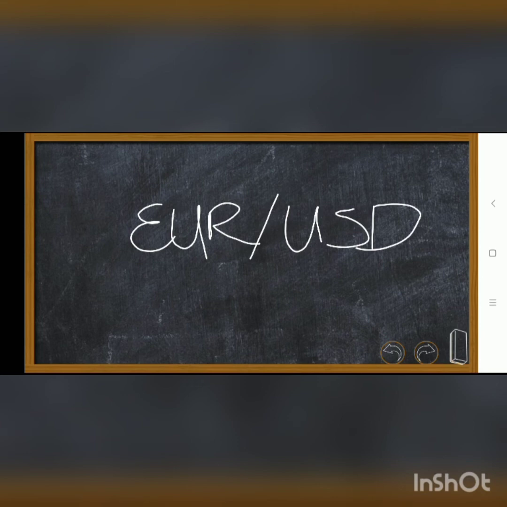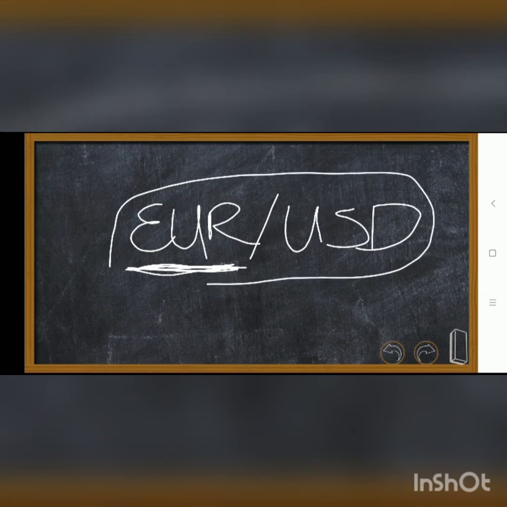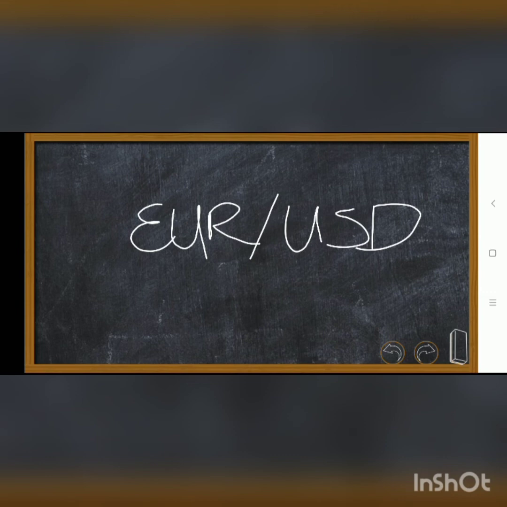So what will happen now is that this base, I need you to follow me, this base controls the whole movement of the currency pair. I'll repeat this.